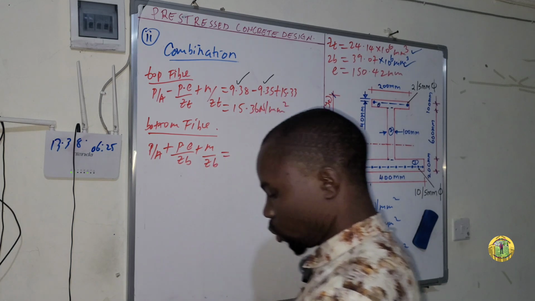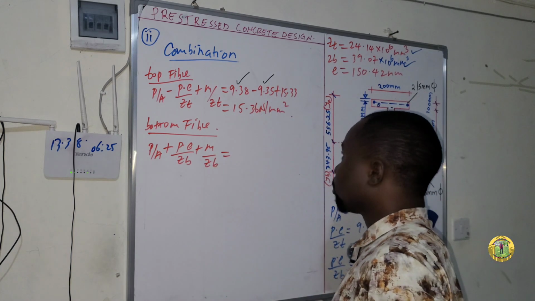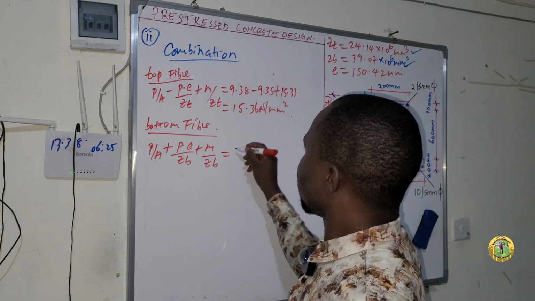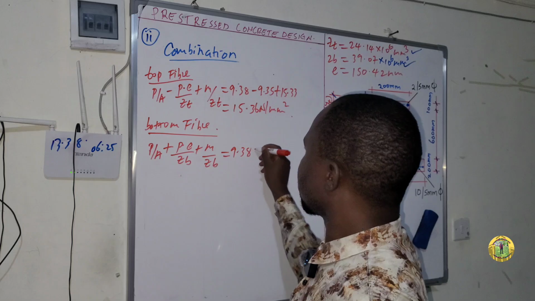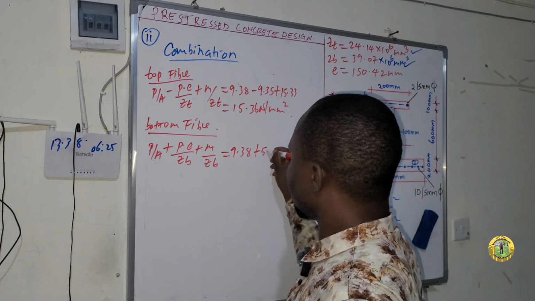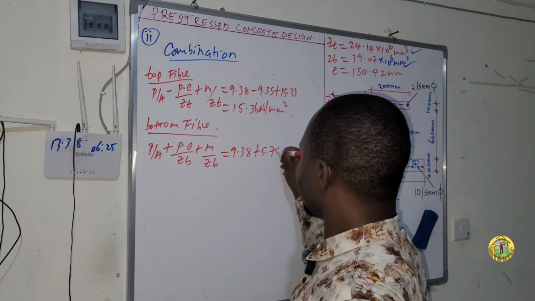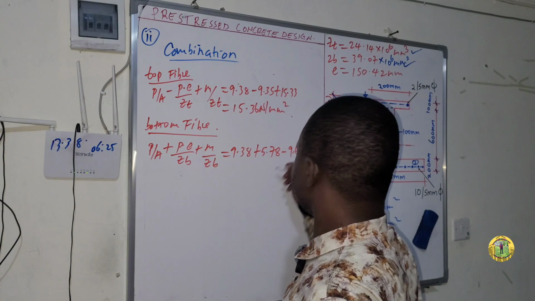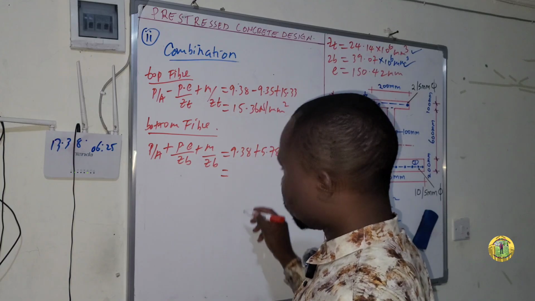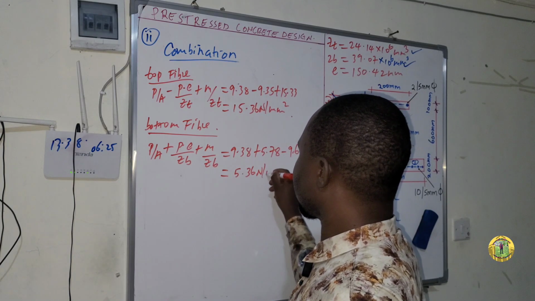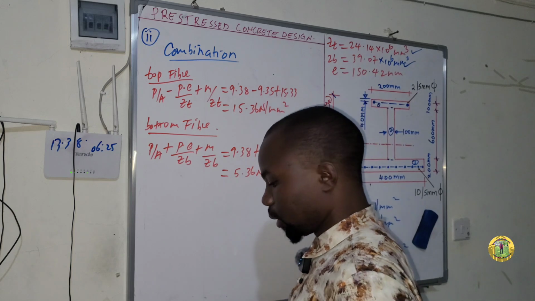So this one is equal to 9.38, this one remains the same, plus the bottom one is 5.78, then minus 9.60. So this one will give us 5.36 Newton per millimeter square.